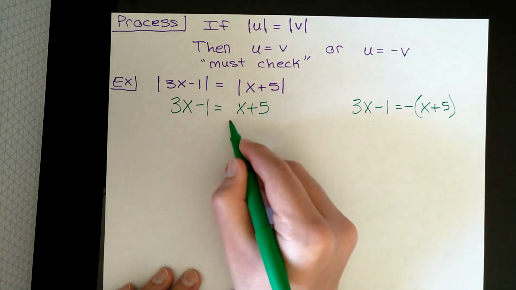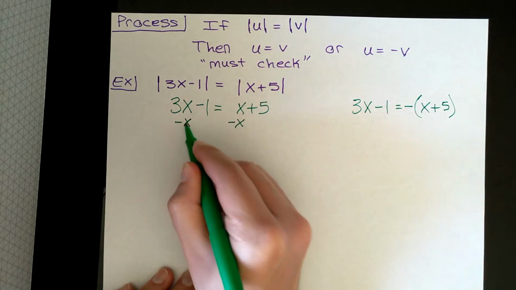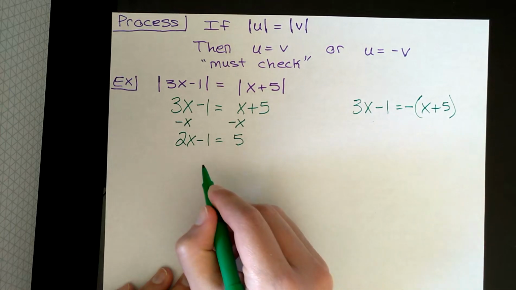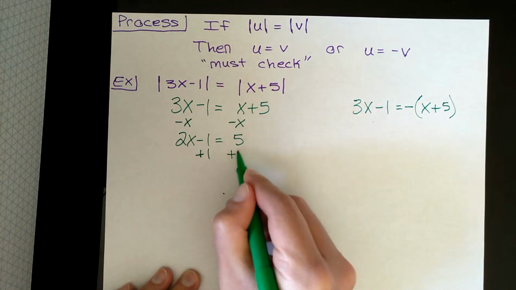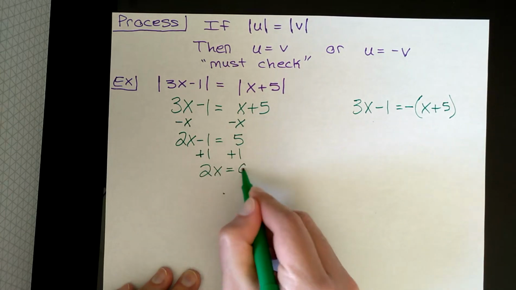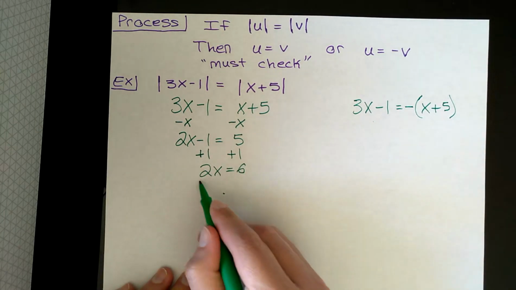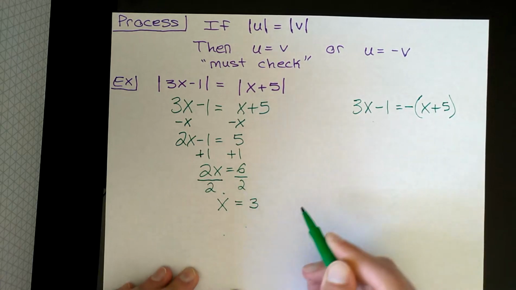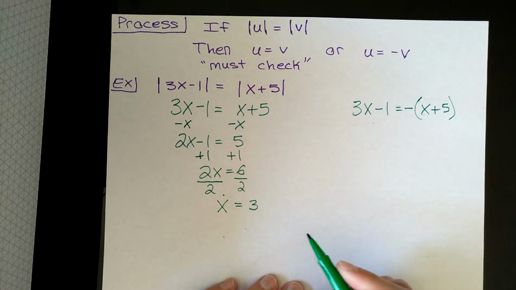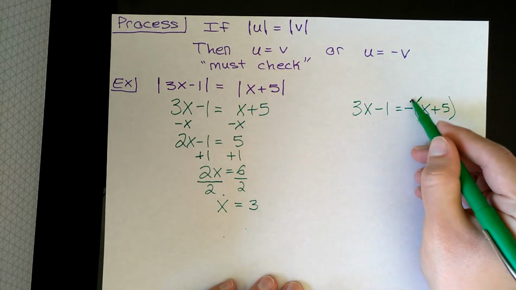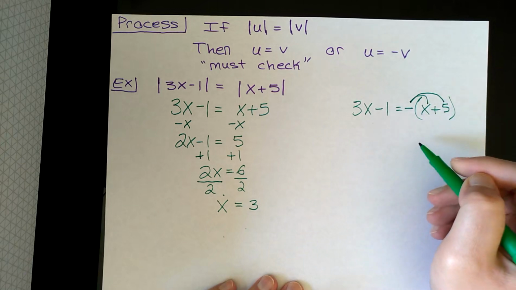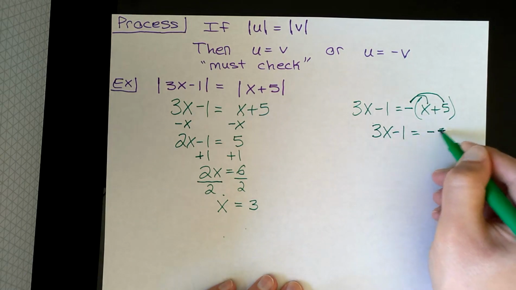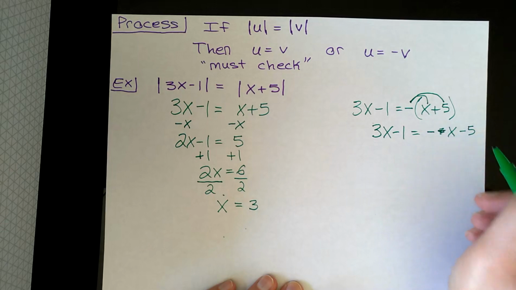So for the left one, we're going to go ahead and subtract x from each side, which gives us 2x minus 1 equals 5. We'll then add 1 to each side to get 2x equals 6. And then divide each side by 2 to get x equals 3. Over here, though, we have to distribute this negative first, which gives us 3x minus 1 equals negative x minus 5.